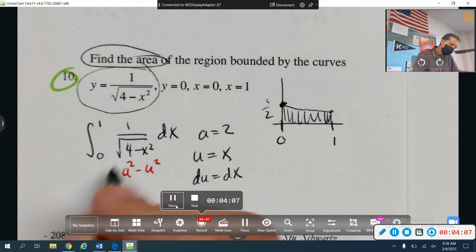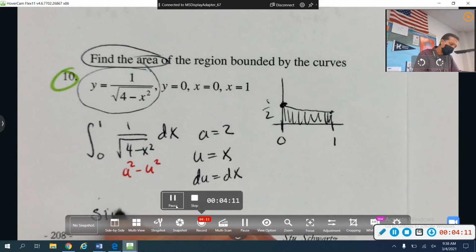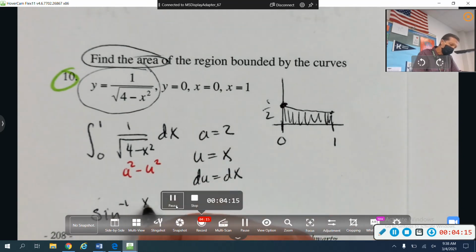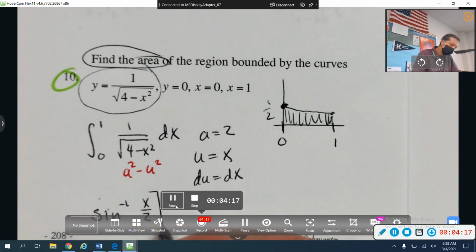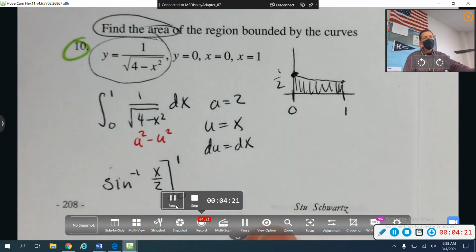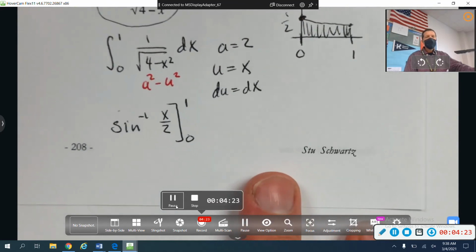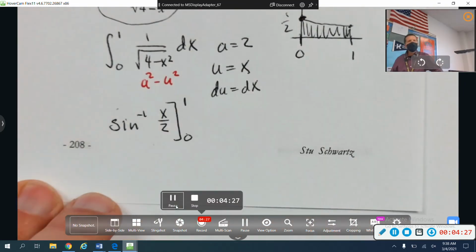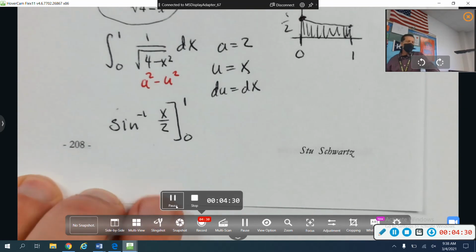So I don't think I'm going to rewrite it with a's and u's. I think I'm ready to just say this is the inverse sine of u over a, x over 2, from 0 to 1. Not finished yet, because I need to evaluate that at 1 and 0.